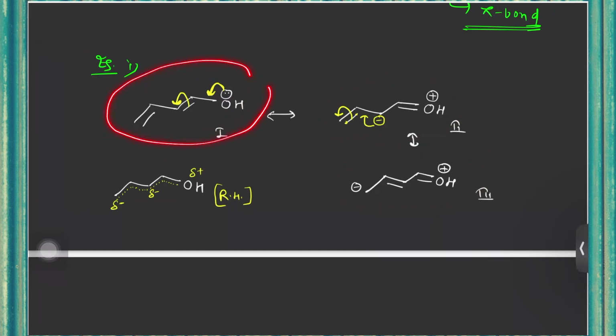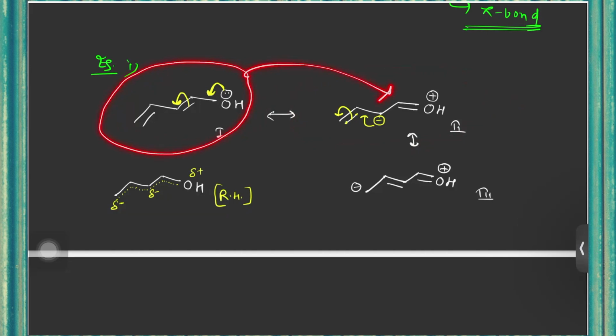Because the molecule does not have a charge, how can the resonating structure have a charge? It won't have the charge. So did you understand now? It will always be neutral. If the molecule is neutral, then the resonating structure is neutral.